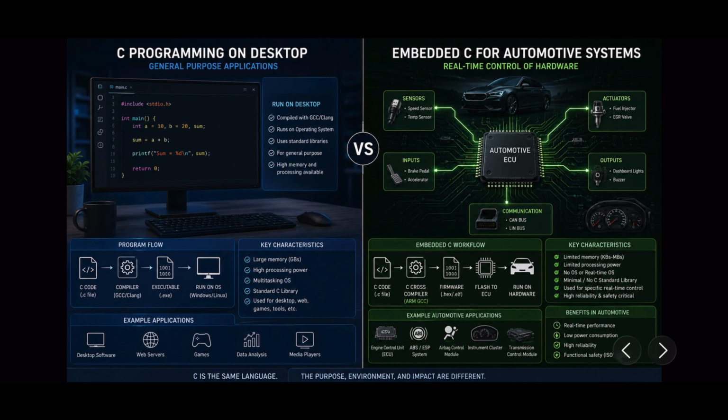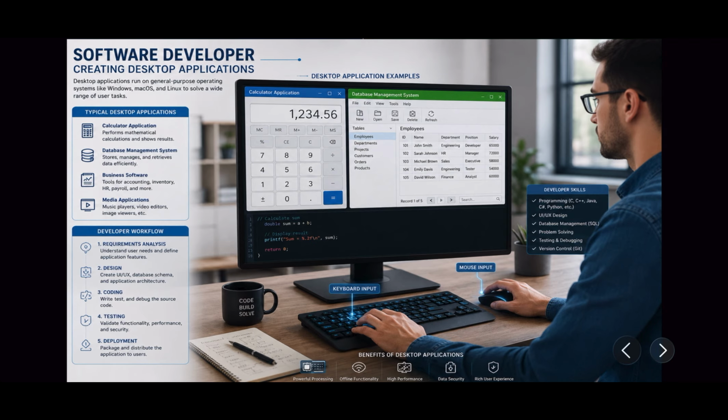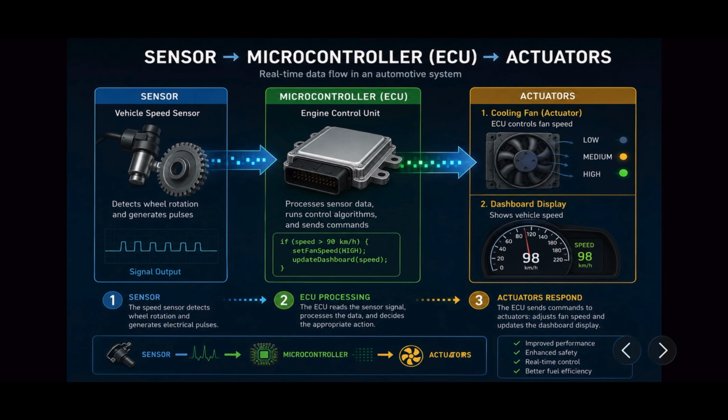But on the other hand, in embedded C, your software controls the hardware. Input comes from the sensors and output directly goes to the motors, LEDs, displays, actuators, or communication networks.